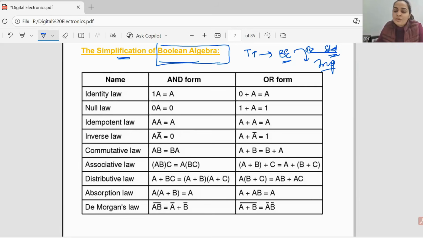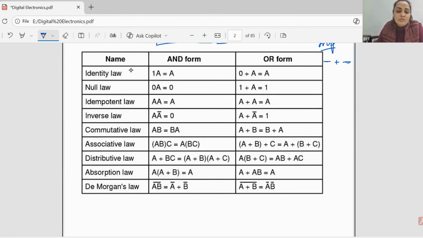If you have three input variables, then all the terms will have three variables. If you simplify your Boolean expression using these laws, the original expression and the simplified Boolean expression both will provide you the same output. Functionality will never change if you are simplifying any Boolean expression, right?